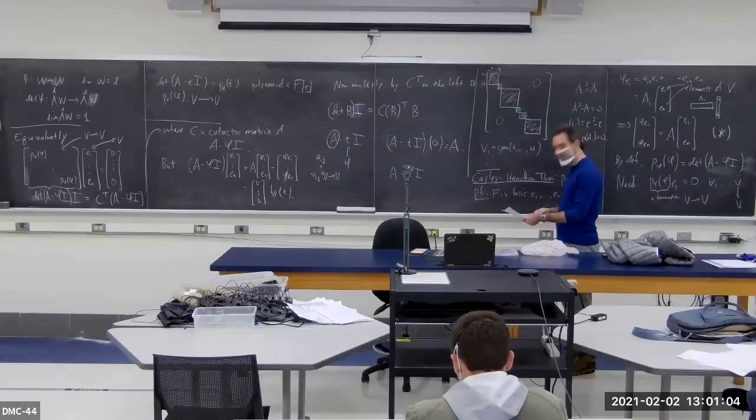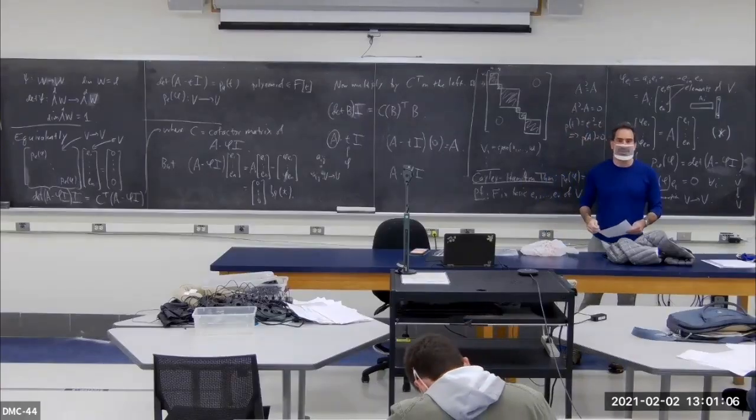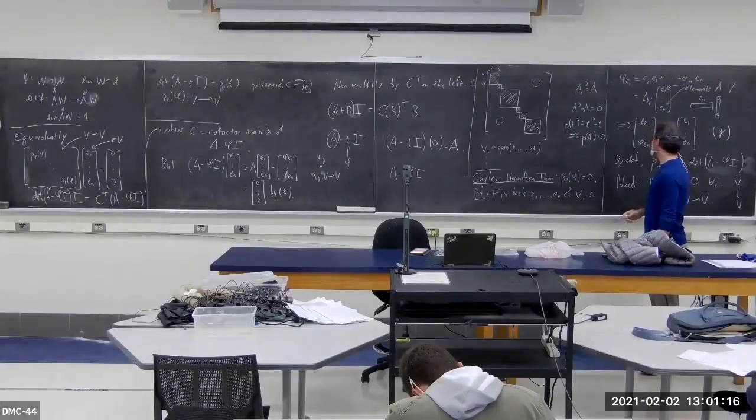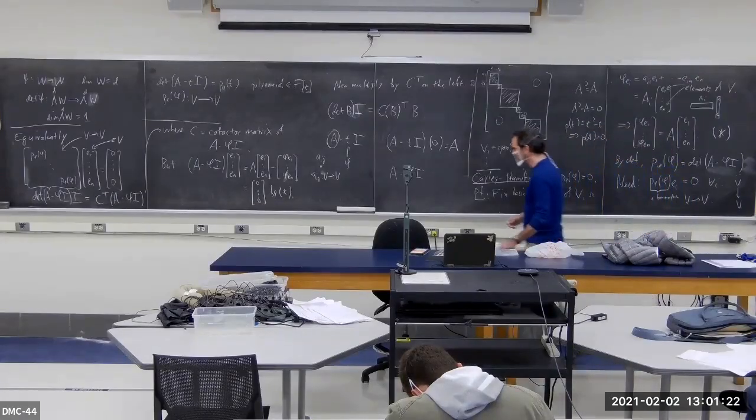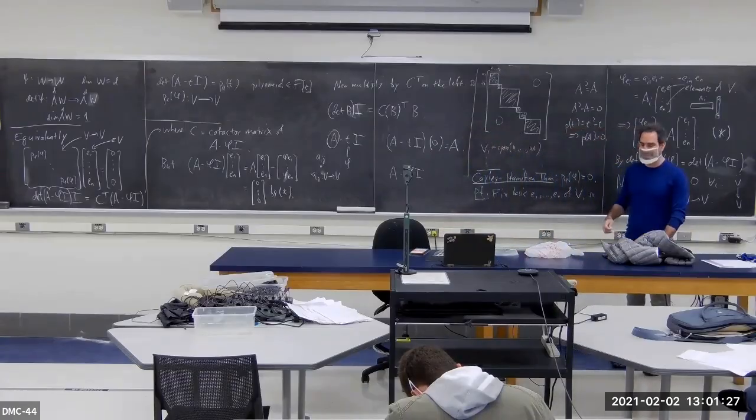I have a quick question. How is phi different from A? I'm kind of confused on what the difference actually is between these two. A is a matrix, phi is a linear transformation. So I can view A as a matrix whose entries are linear transformations, like Zheng was just asking, right?